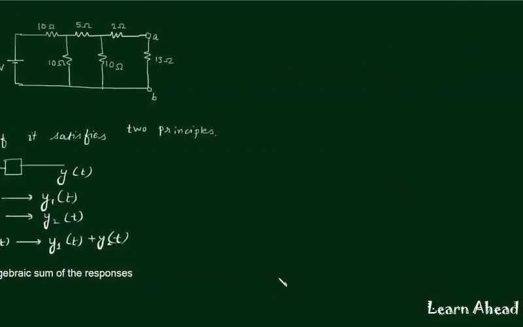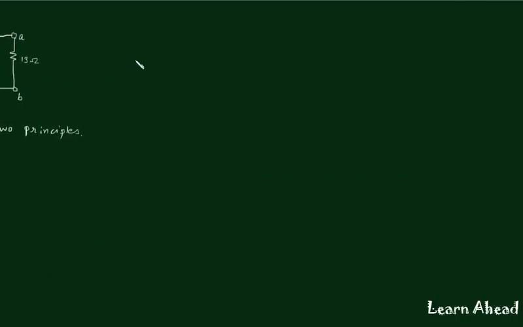Now according to the principle of homogeneity, if the excitation to the network is multiplied by a constant alpha, then its response should also get multiplied by the same constant. That is, if excitation is multiplied by alpha, the response must also be multiplied by alpha.